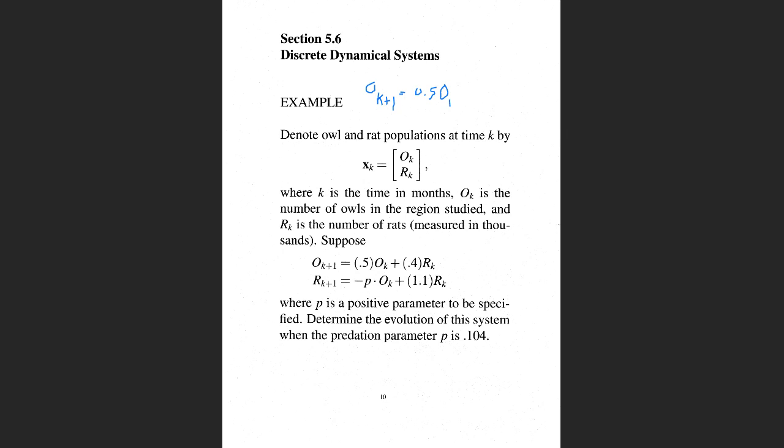And I assume with a half, it must mean there's a large migration. It isn't like half the owls die in a month. And owls migrate, right? They got to look for mates, things like that. Maybe find food.